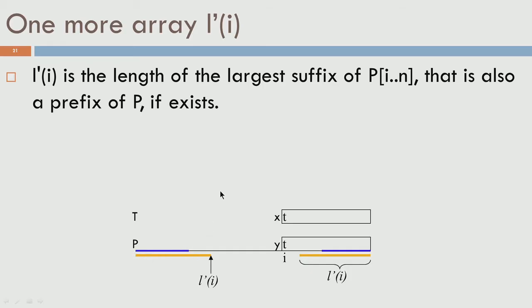It could be the case that this is not well defined, but if it is well defined, L prime of I takes this particular value, otherwise it takes the value 0 because it is a length.